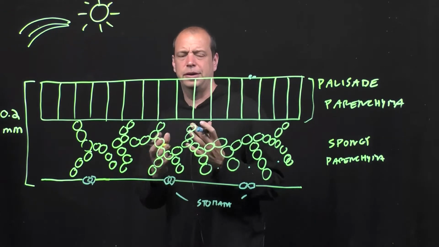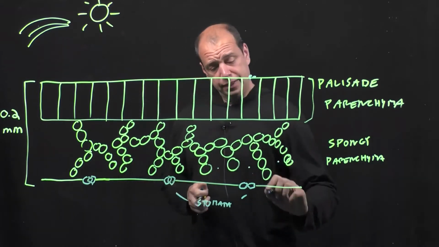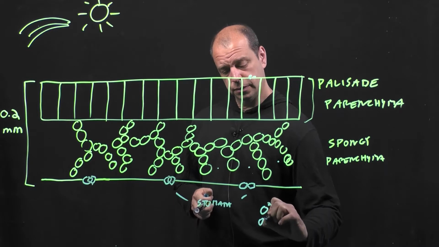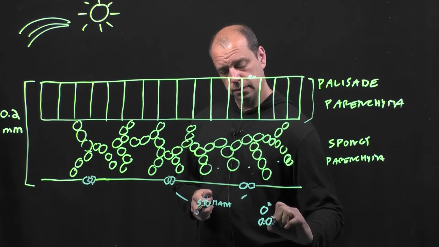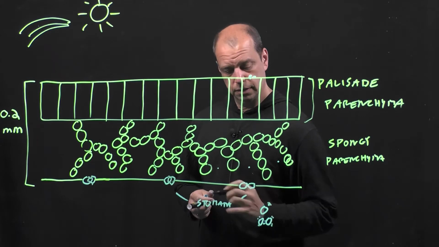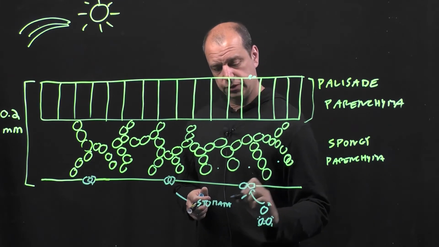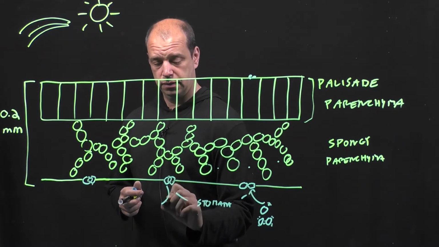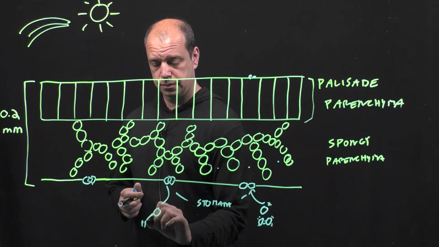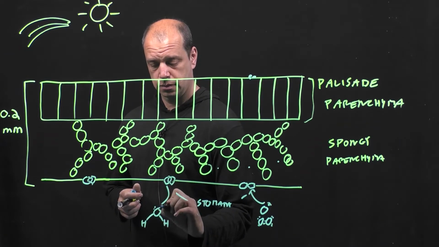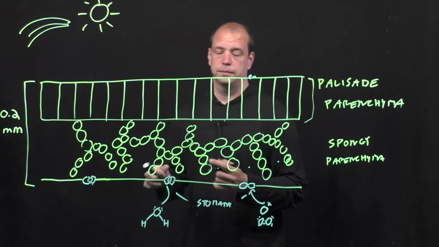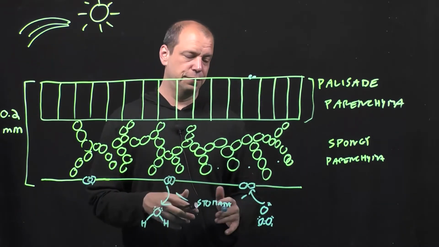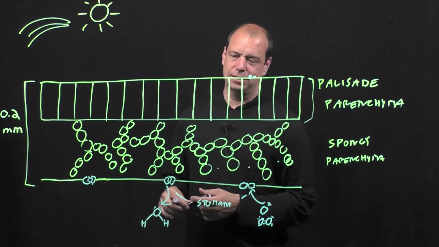And these stomata are able to open and close, and that allows CO2 to enter the leaf to participate in photosynthesis, and water vapor, or H2O, to diffuse out. And this is typically the limiting factor in how rapidly this overall reaction can take place.